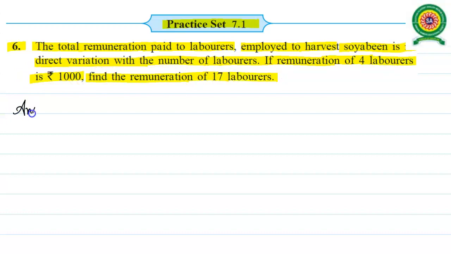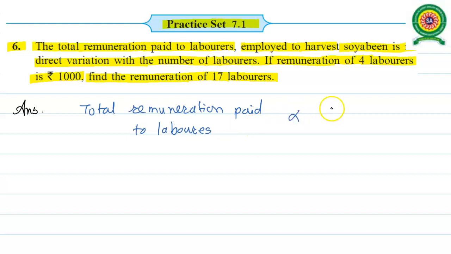Now look at the answer. The total remuneration paid to laborers is in direct variation with the number of laborers.